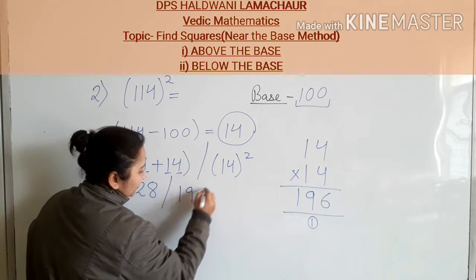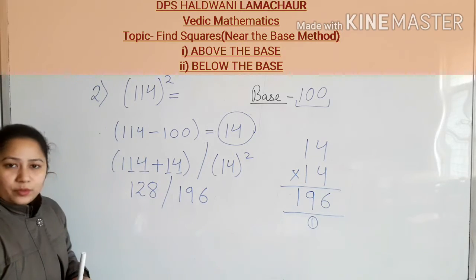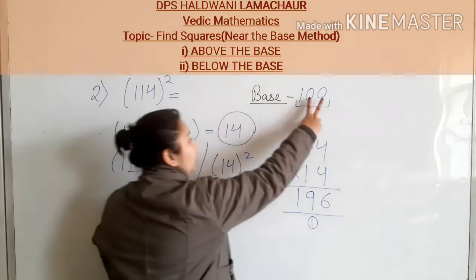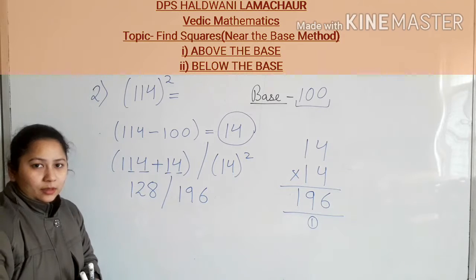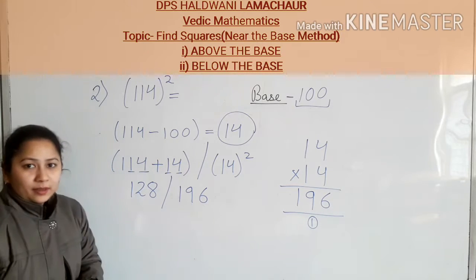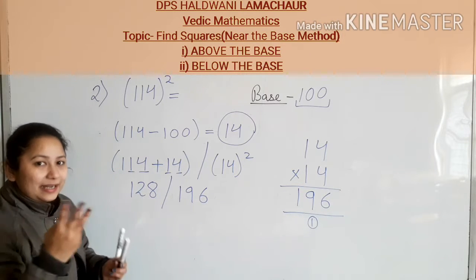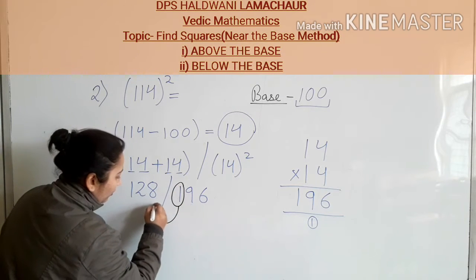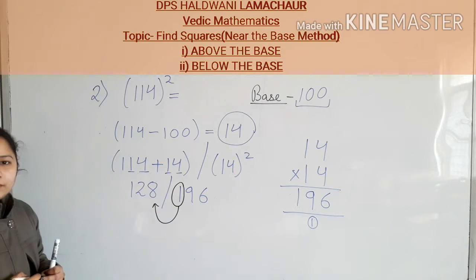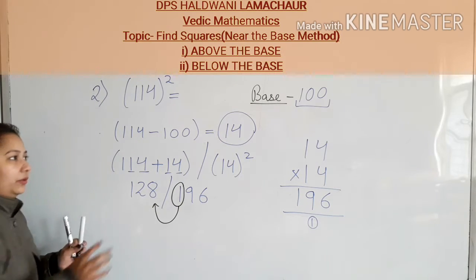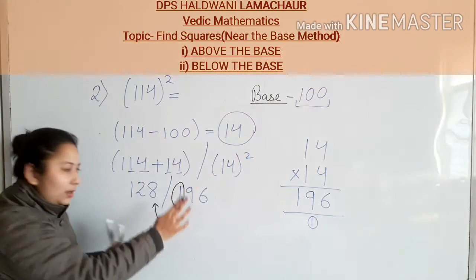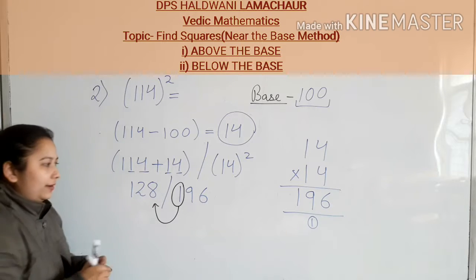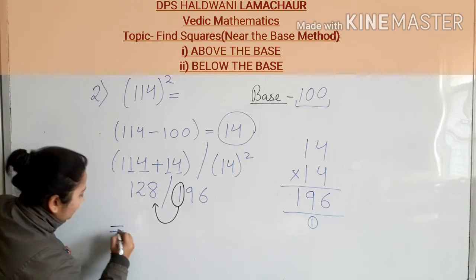So 196. Now students, you can see that 2 zeros are there. So here should be 2 digits, but here is 3 digits. So this one will go carry. I have told you that the number of zeros is the number of digits that should be here. So what is the answer?